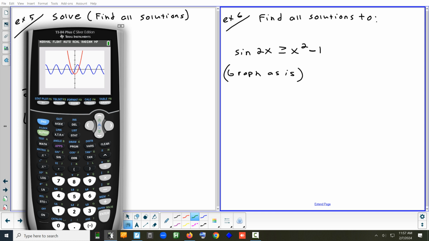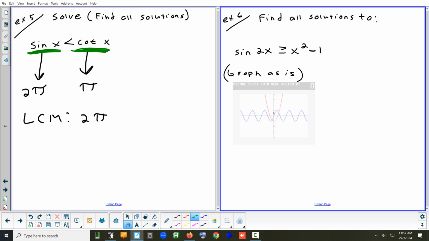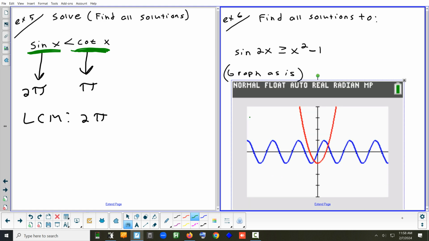Okay. Is there a section in that graph where the wave is above the parabola? Yeah, definitely, right in the middle of the wave. I would say from here to here. Now, is that section in green going to repeat every cycle?